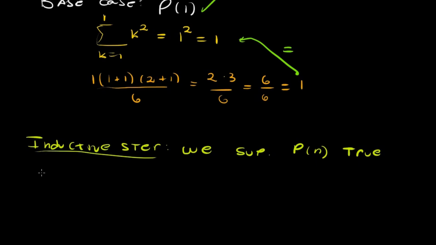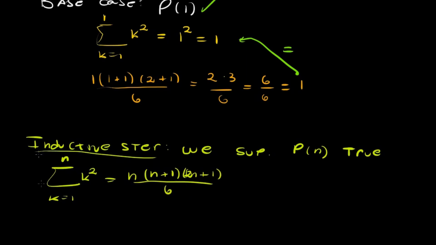Well, what does p of n true mean? It means that the sum from k equals 1 to n of k squared equals n times n plus 1 times 2n plus 1 divided by 6. We know this is true.